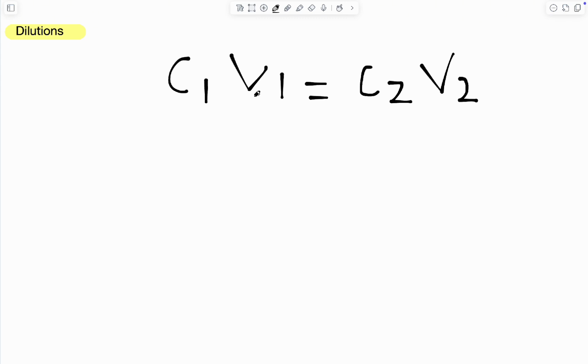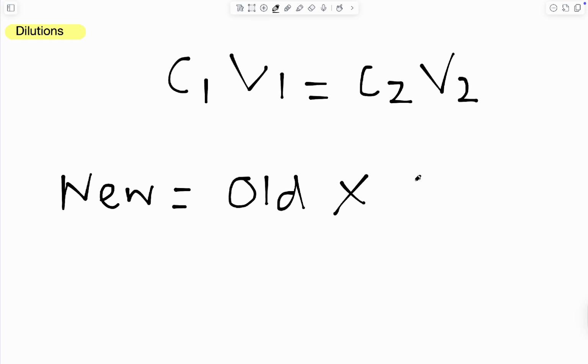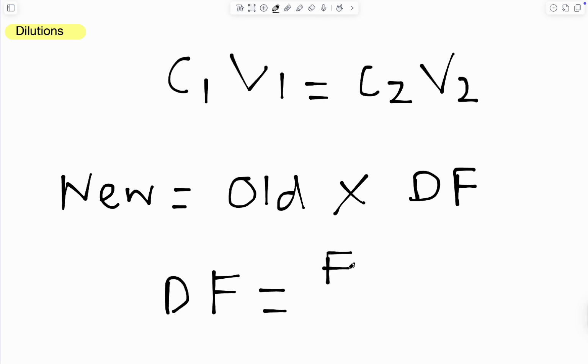Then another equation that you need to know is the ratio strength after dilution. The equation is the new ratio, so obviously you have 1 in 10 dilutions, equals the old ratio times the dilution factor. I'm putting DF for dilution factor. And then the last equation you need to know is that the dilution factor is equal to the final volume over the initial volume.